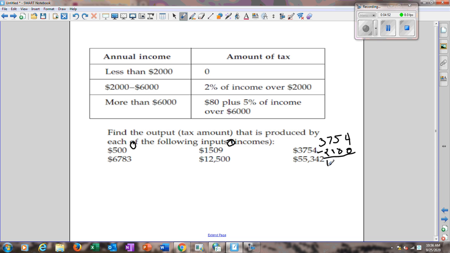So that's going to give me 1,754. And then I multiply that by 0.02, because that's 2% written as a decimal.